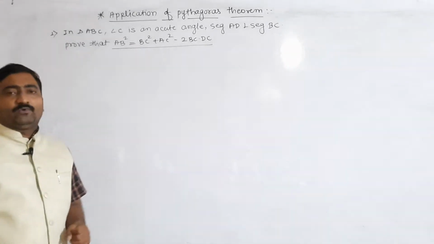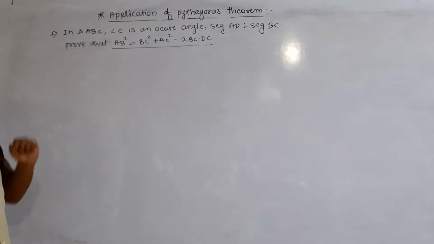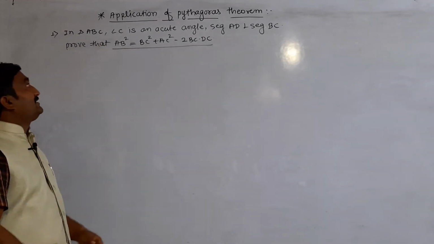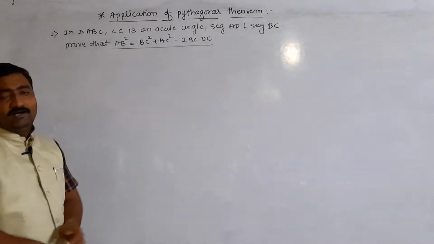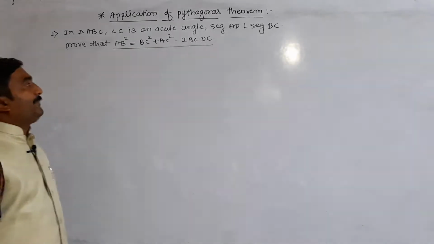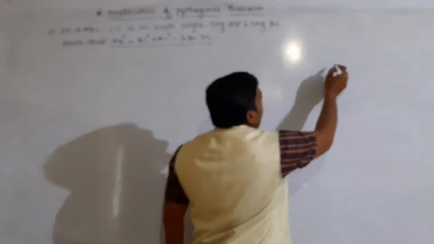Here we are given one triangle ABC, in which angle C is an acute angle, and segment AD is perpendicular to segment BC. Then we can draw here triangle ABC.